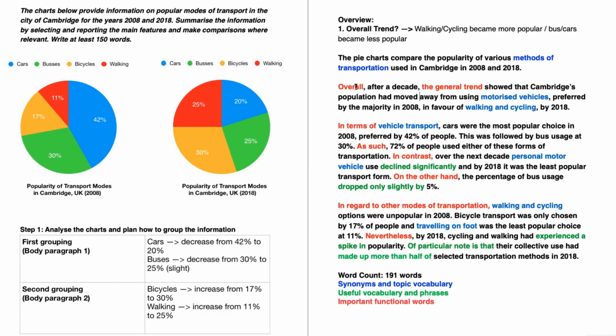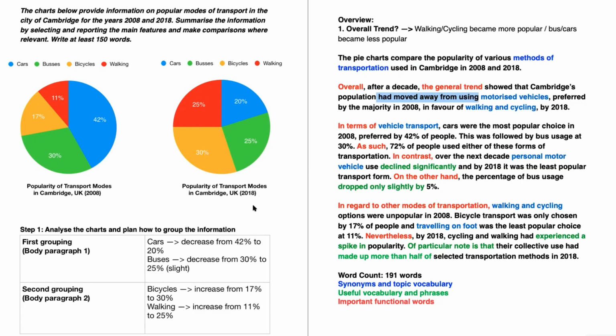So first off, in red, we've got our great functional words for providing an overview: overall, and the general trend. We're not talking about specifics yet, but I have the past perfect here. So, had moved away from. That is because this is in 2018. Right now, we are in 2020. But in any case, it doesn't matter which year we're in after 2018.